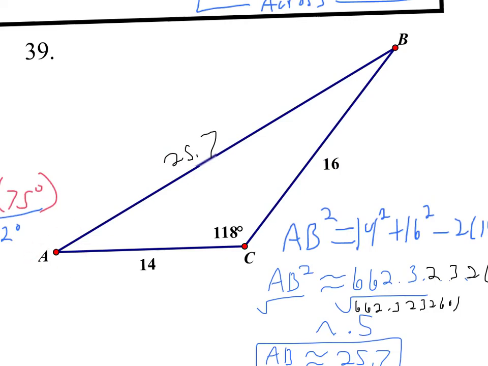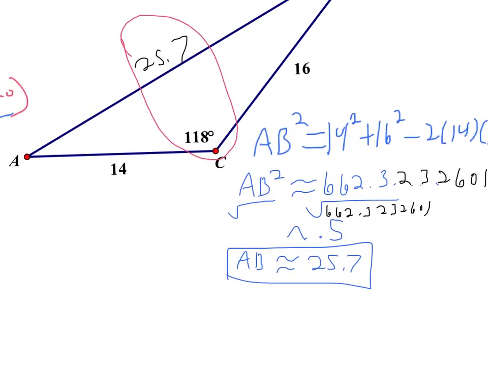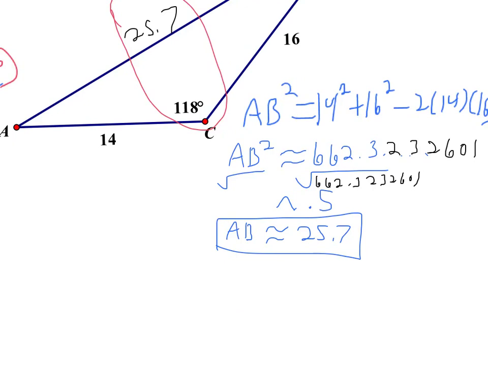So you could find angle A, and 16 is across from it, so you'd start with 16 as the number that's being squared. But now we do have one complete angle-side pair. So we can now switch over and use law of sines. And most people think law of sines is easier, so that's what I'm going to do.